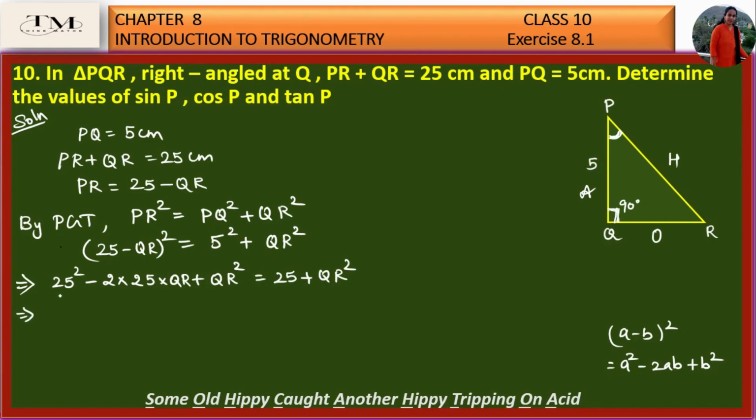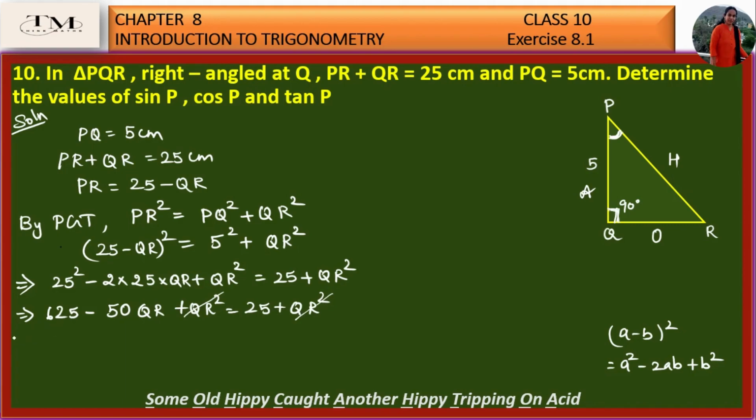What is 25 square? It is 625. 625 minus 2 into 25 is 50 QR plus QR square equal to 25 plus QR square. This plus QR square and plus QR square will get cancelled. On both sides, if we have a number with the same sign, then it will get cancelled. So it gets cancelled.